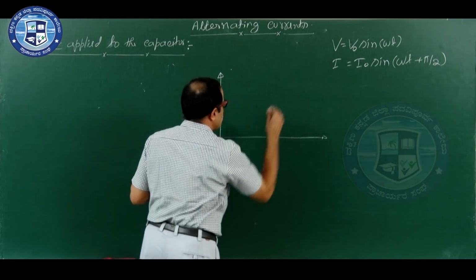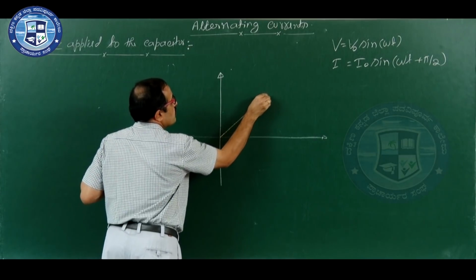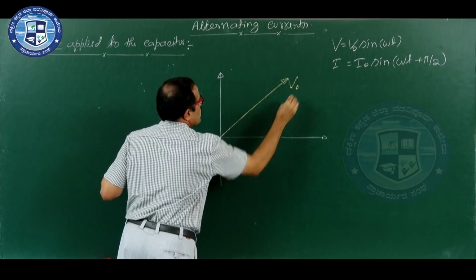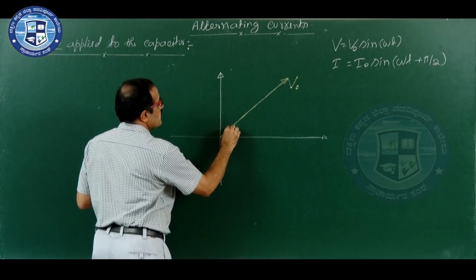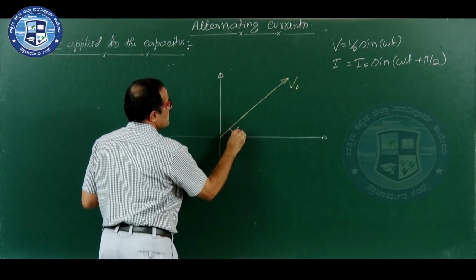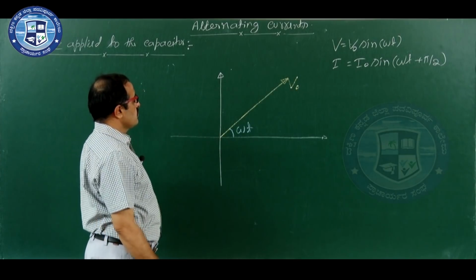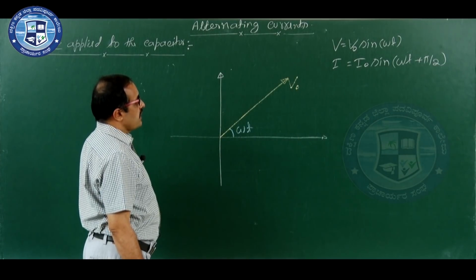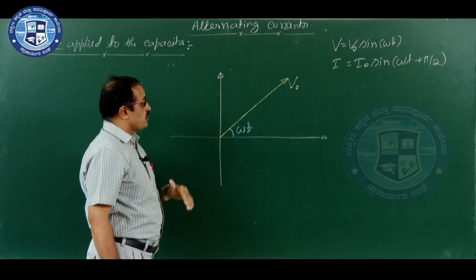Generally we plot voltage first. So, this is the phasor drawing for voltage, V naught, and this angle is omega t. What about for current? Current I is equal to I naught sin omega t plus pi by 2.